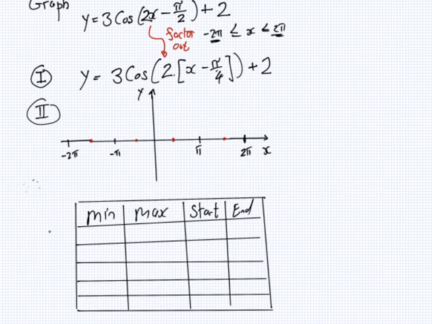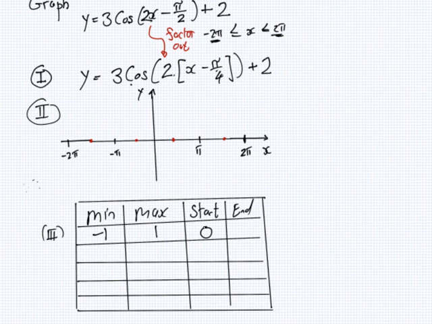So part 3. If it was just cos, we should have a minimum of -1, a maximum of 1.